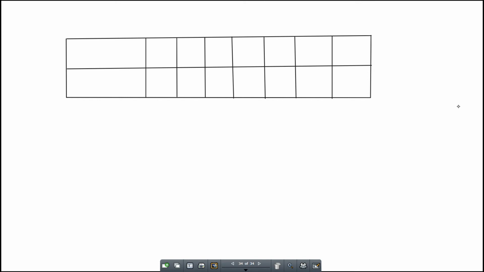Okay, then the last one here, number 3. All right, so if we counted the match sticks in the third pattern, how much did we get?